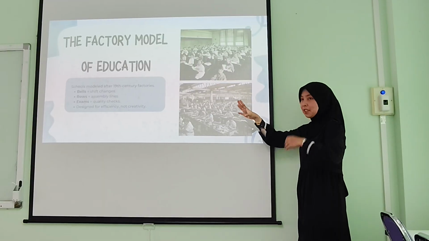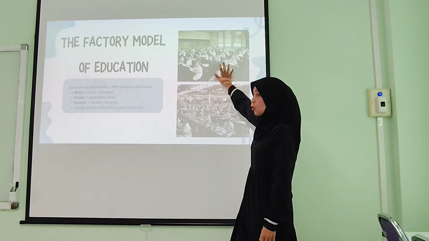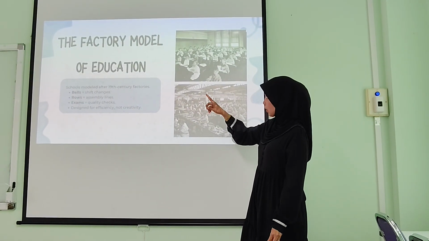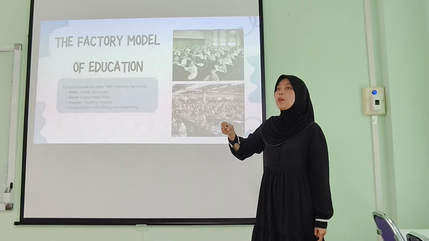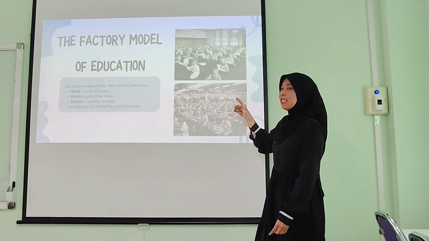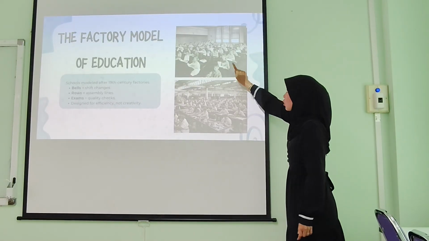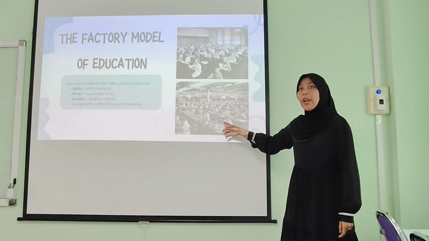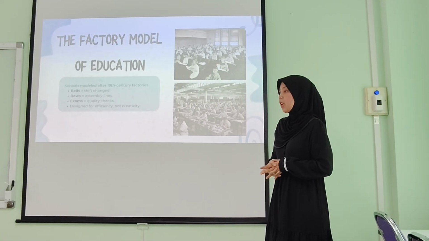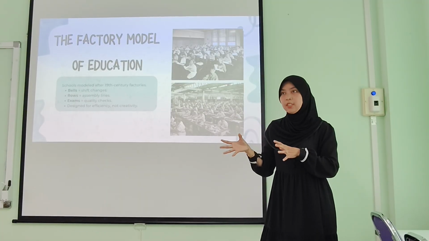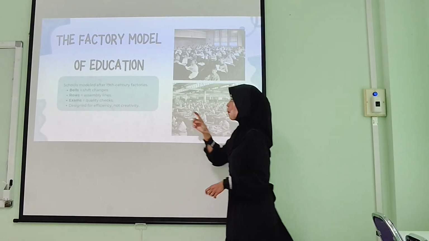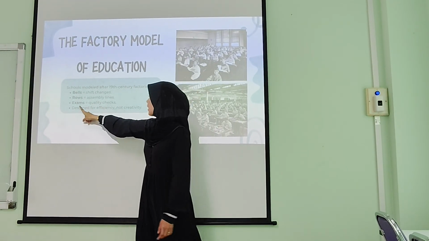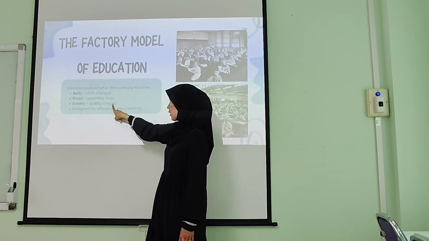Actually, it's saying the old tools of the school, the old model, come from the factory model of the 19th century. What does it mean? The classroom actually comes from the factory model, where school was inspired by industrial production. So the bells were like shift changes, the rows were like assembly lines, and the exams were like quality checks.